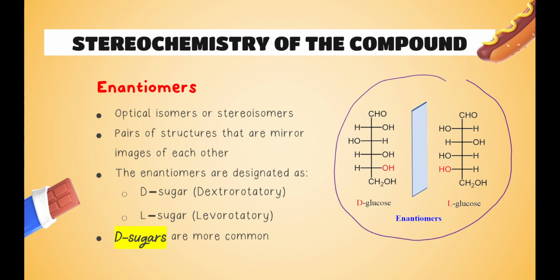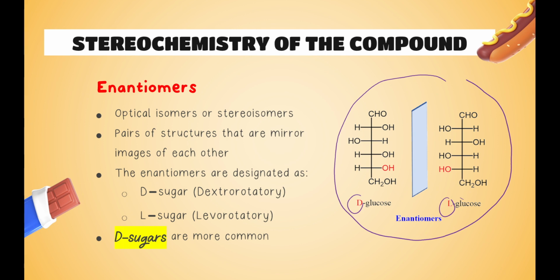So that is why the D and L terms, or designation, refer to the position of the OH group. The enantiomers are designated as D sugar or L sugar. D stands for dextrorotatory, L sugar stands for levorotatory.